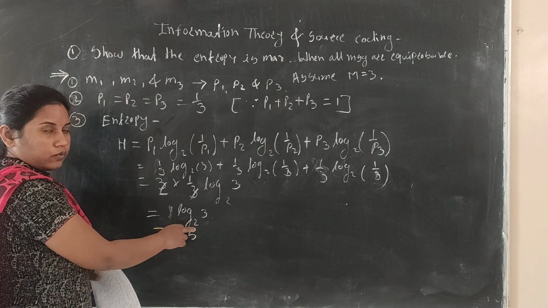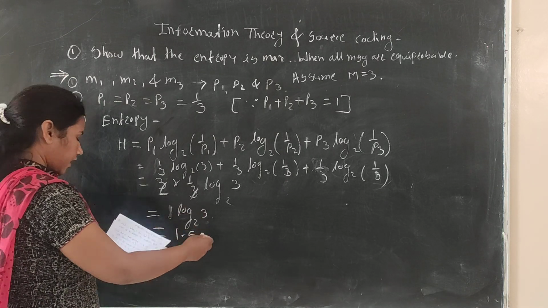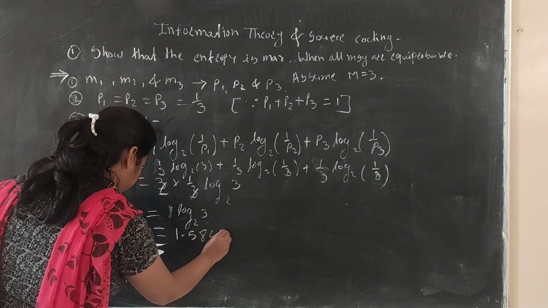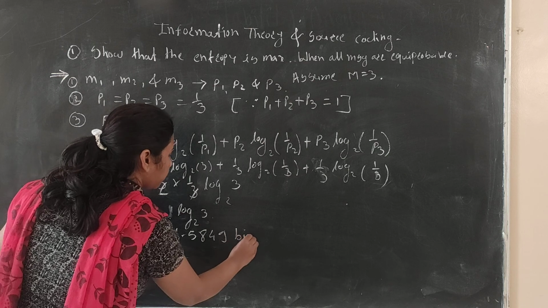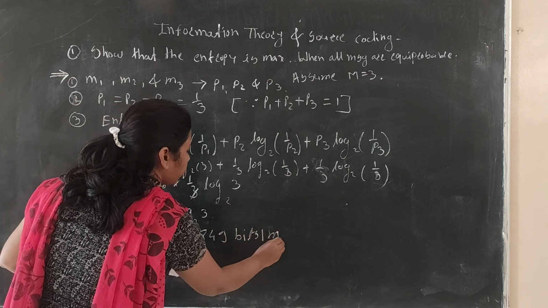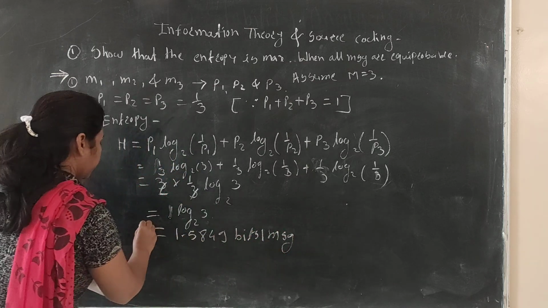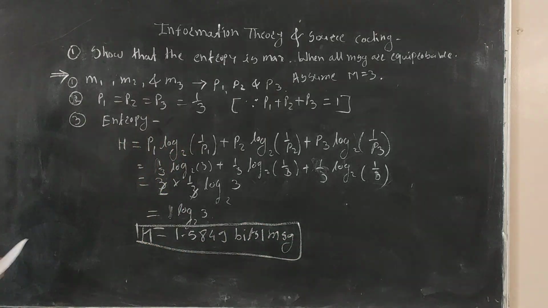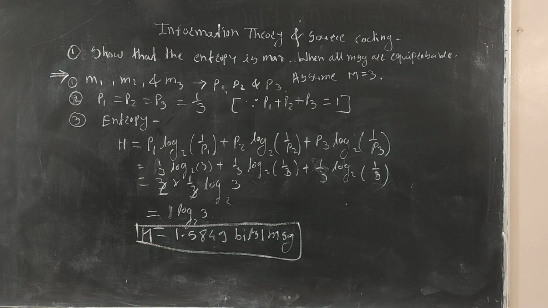Directly we get the answer 1.5849 bits per message, because the unit of entropy is bits per message. Okay, this is the entropy.